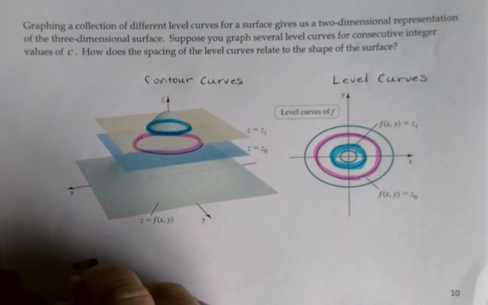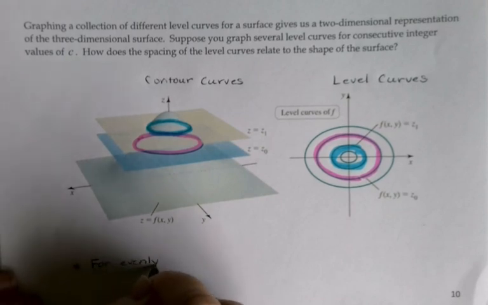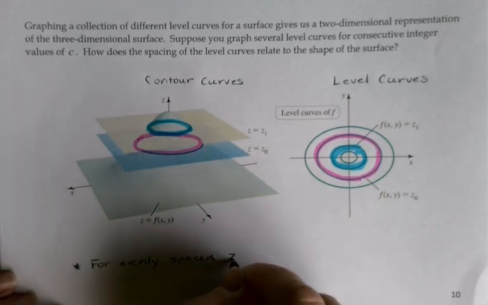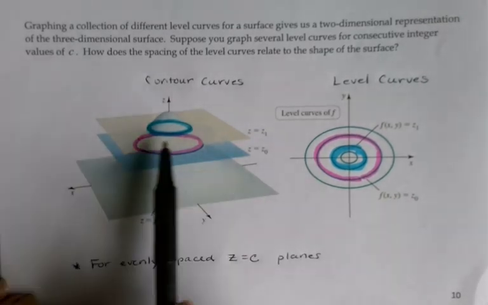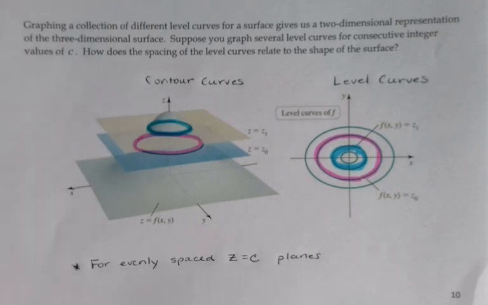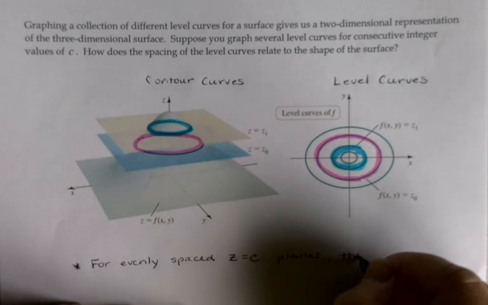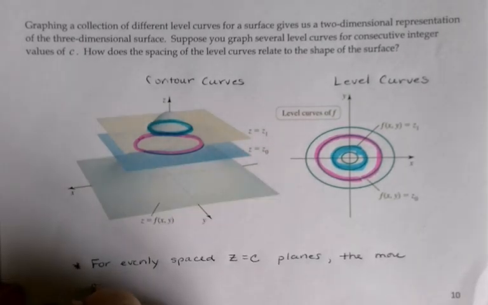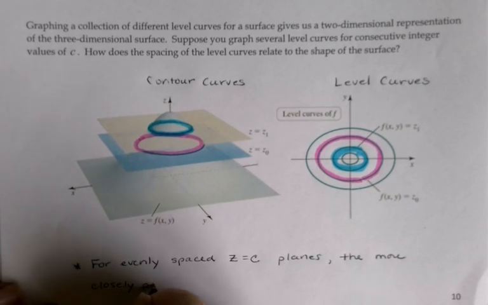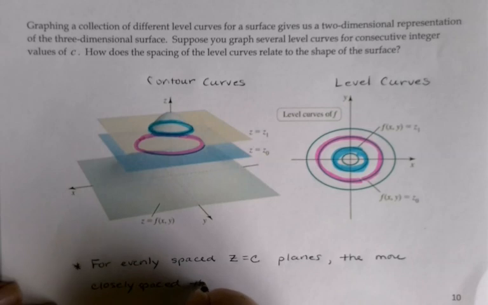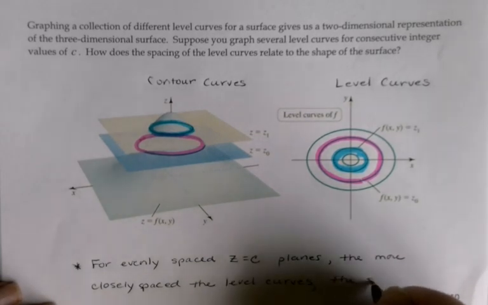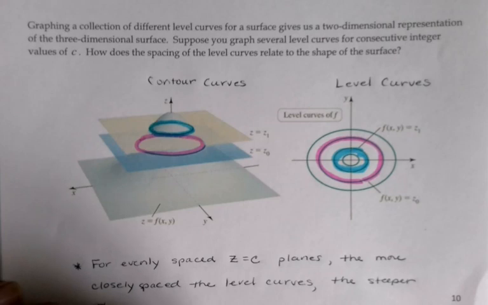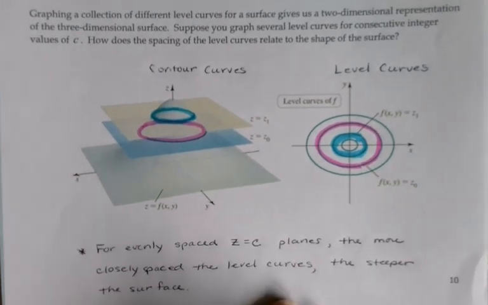So for evenly spaced z equals c planes, assuming I'm slicing through at evenly spaced locations, the more closely spaced the level curves are, the steeper the surface. It just tells you it's going up faster.